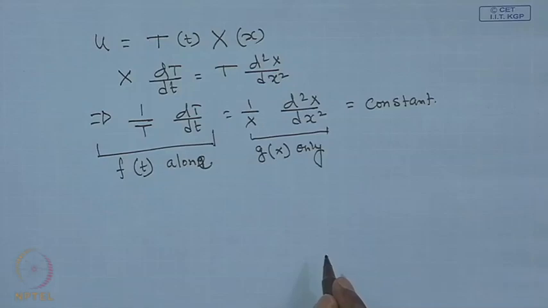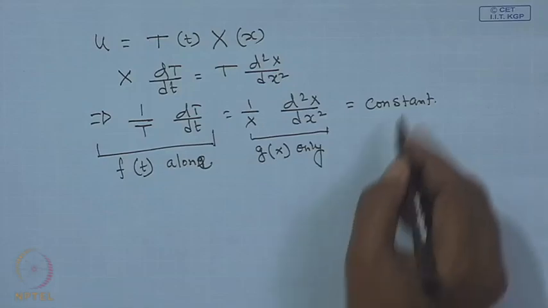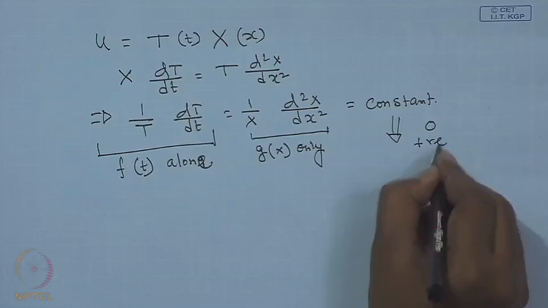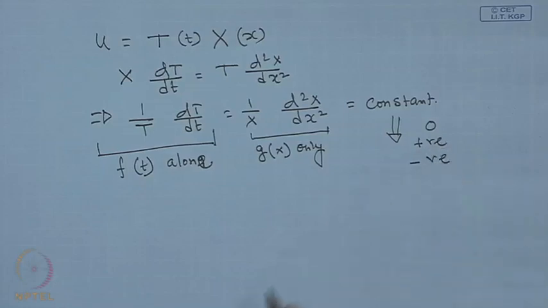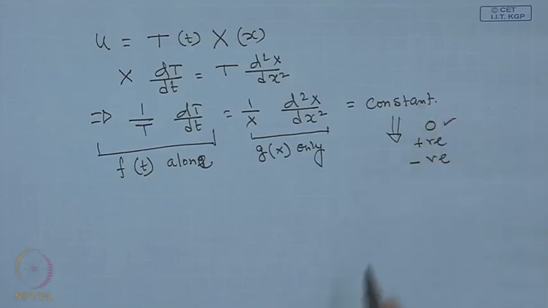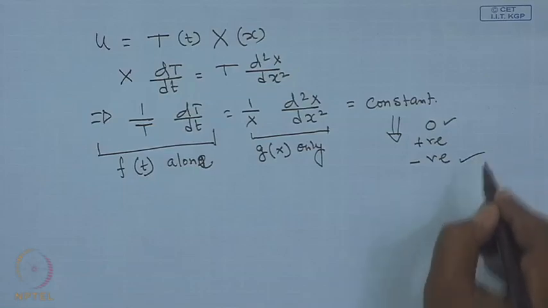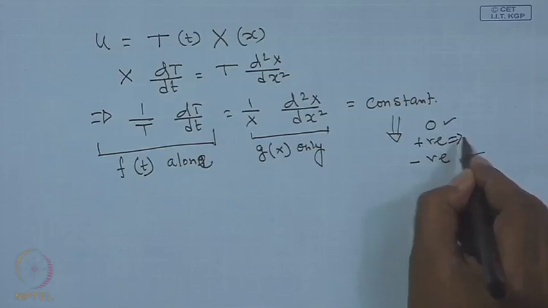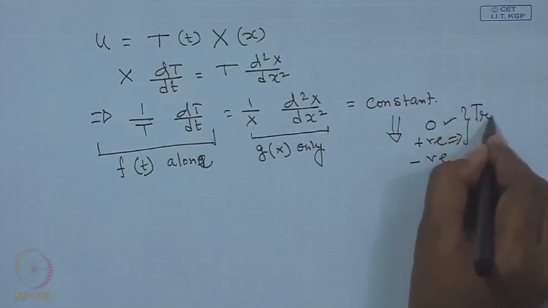And we have seen earlier that this constant can have three options: it can be 0, it can be positive, it can be negative. We have already seen earlier that if this constant is 0, then we are going to get a trivial solution and we are not looking into that, and if this constant is positive, then also we will be getting a trivial solution.